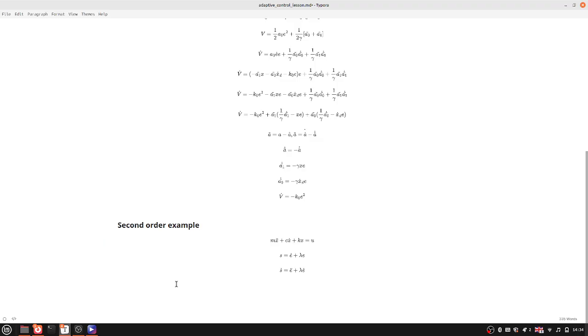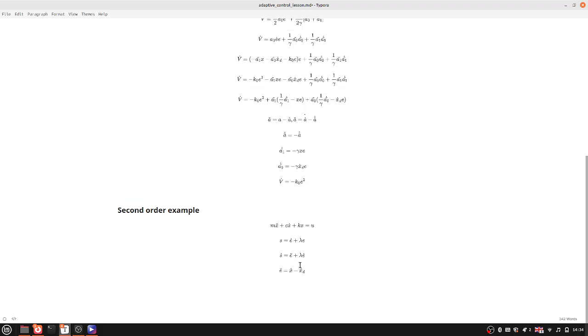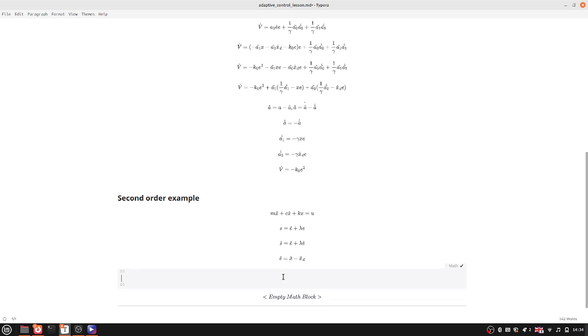And then the next thing is to identify our dynamics just so we know what's going on here. E double dot is equal to X double dot minus XD double dot. And if we were to multiply that by M, we would get M E double dot is equal to M X double dot minus M XD double dot.